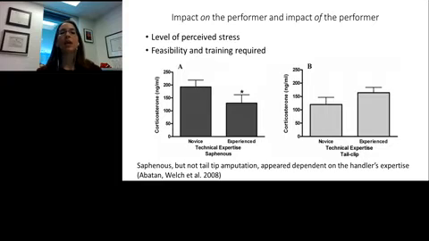I also wanted to touch briefly, before we move into more about the impact on the animal, about how your phlebotomy choice can impact the people that are responsible for collecting the data, and how that person also can impact the success of the method. Certainly the level of stress that's perceived by the person who's responsible for collecting these very precious samples can be different based on the technique that they're expected to master and be successful at.